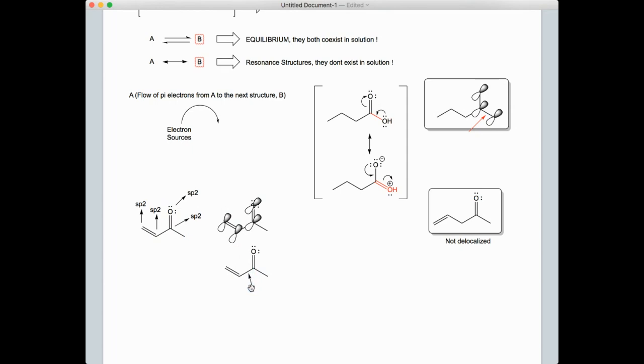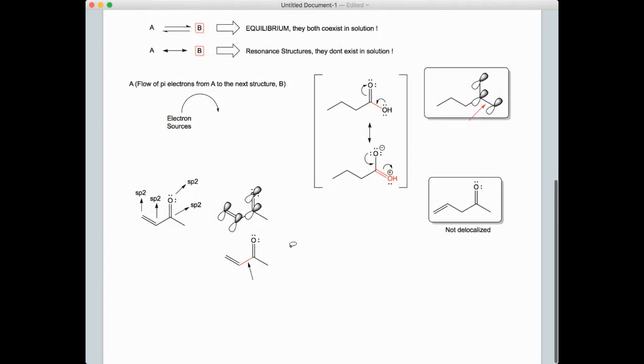Right here is lacking, so that needs to be shown. I see these two and I see a pi bond here, so that's good. So I need to show an additional resonance structure that accounts for this p interaction, the pi bond over here. It's not shown. I need a new structure, which we are going to make right now.